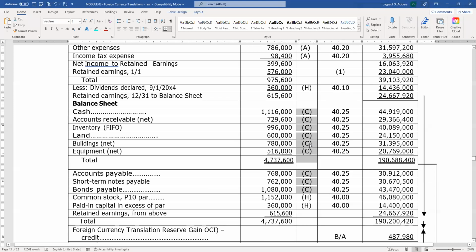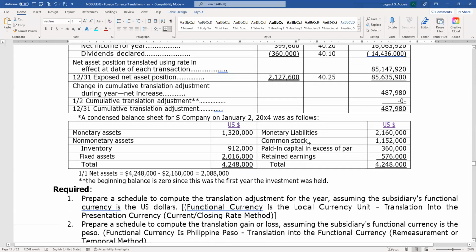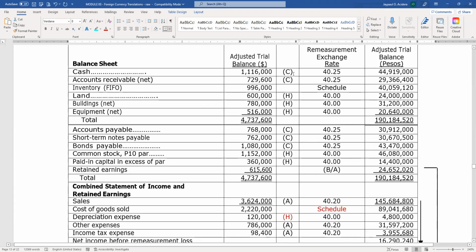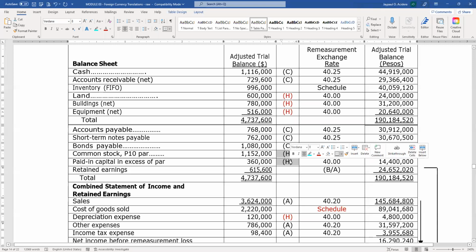Okay? But under method 2, hindi lahat current. Yung mga non-monetary items natin, they are recorded using the historical rate. Okay, but for the equity, parehas sila. Equity, beginning retained earnings and dividends, they use the same rates. Okay?